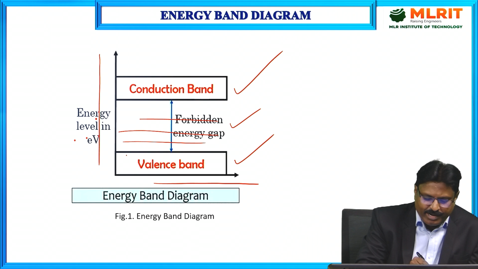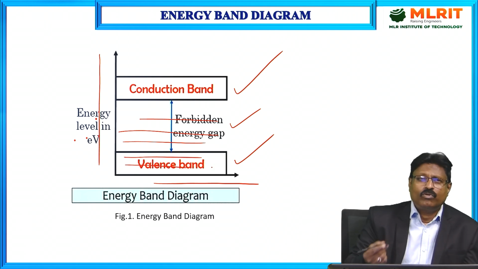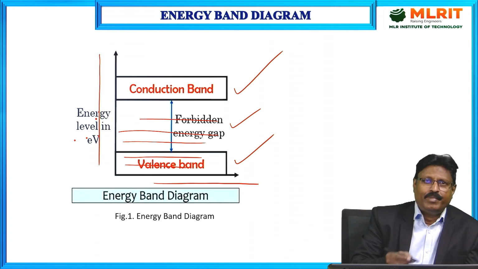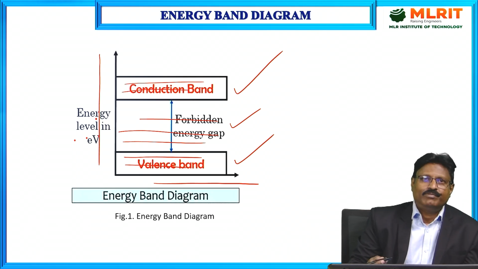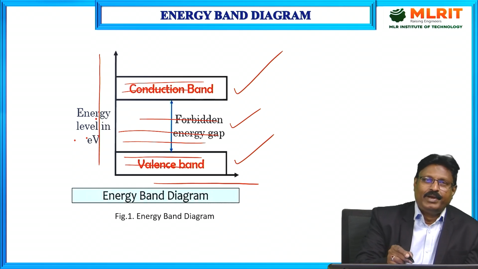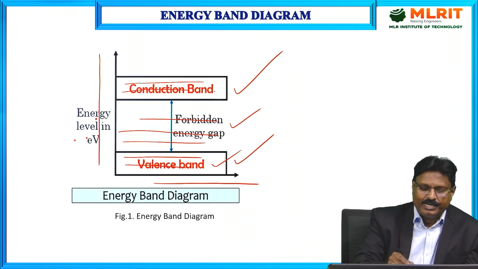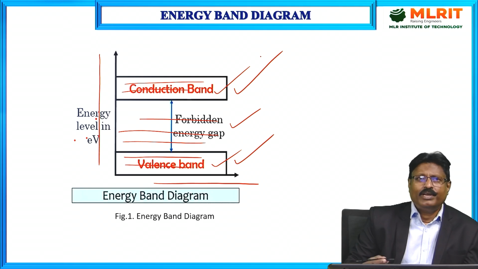The valence band contains so many discrete levels which are closely associated with each other. That's why we call it a band. Similarly, in the conduction band also so many discrete levels are there which are closely associated. That's why they are called a band. So this is the valence band and this is the conduction band. All the valence electrons of an atom will be contained in the valence band.